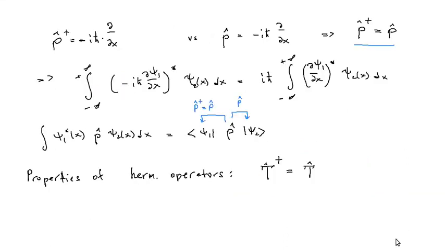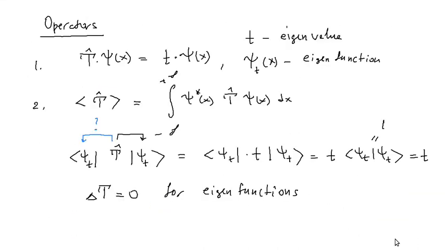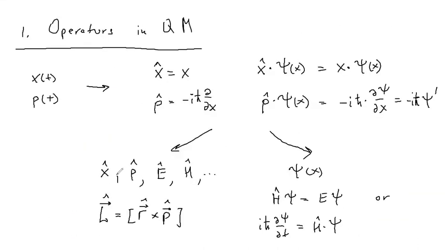Let me go back a little bit. If we are talking about operators like position, momentum, energy, angular momentum, each operator represents some physical quantity. And eigenvalues for these operators represent possible values, like possible energy.